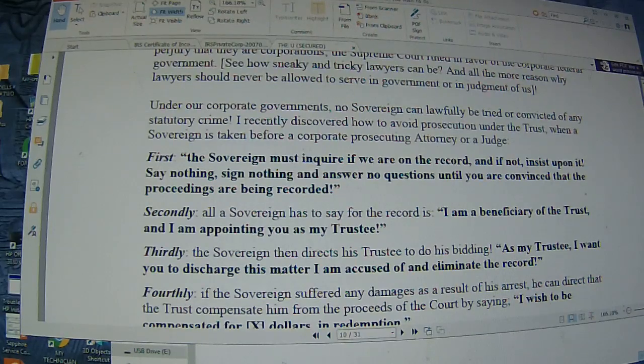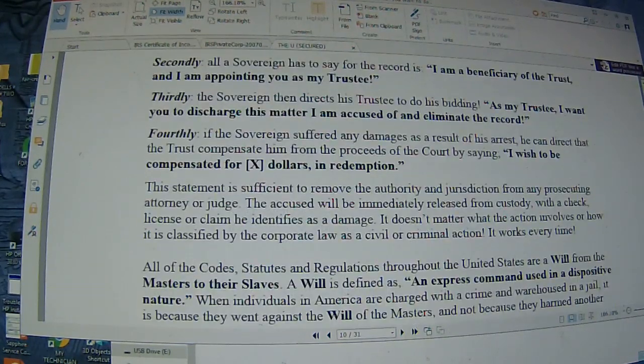Now, who is he talking to? He's talking to the judge. Thirdly, the sovereign then directs his trustee to do his bidding. As my trustee, I want you to discharge this matter I'm accused of and eliminate the record. Okay? All right.